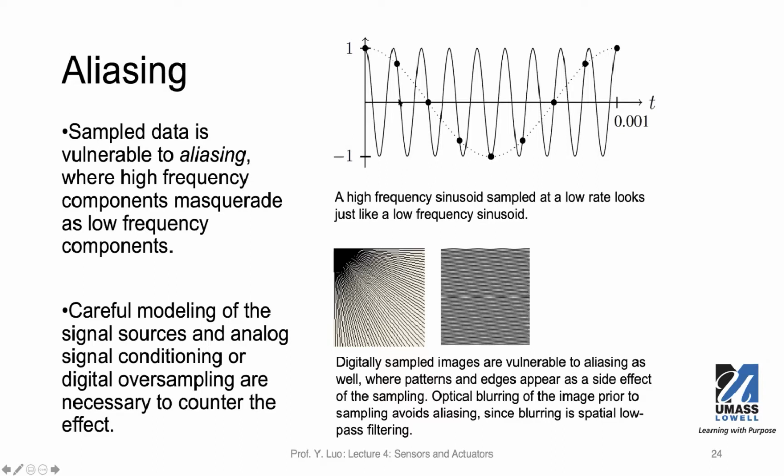What we're doing here is taking samples, and the sampling rate is 8,000 samples per second. So in 0.001 second, we're taking 9 samples. If you look at this black dot, this is the value we will get if we sample at 8,000 samples per second.